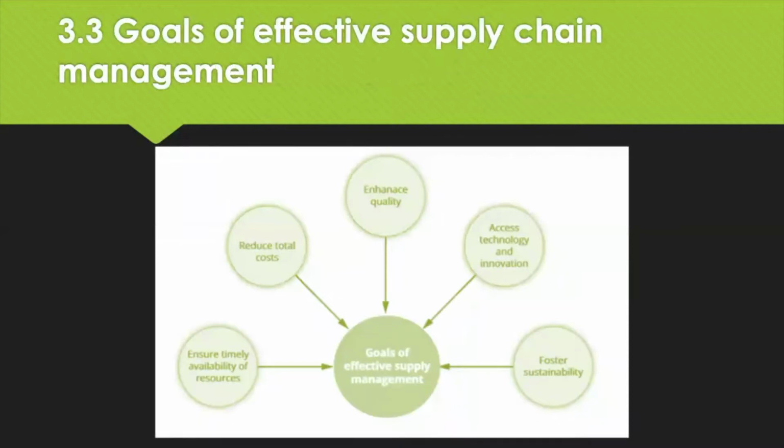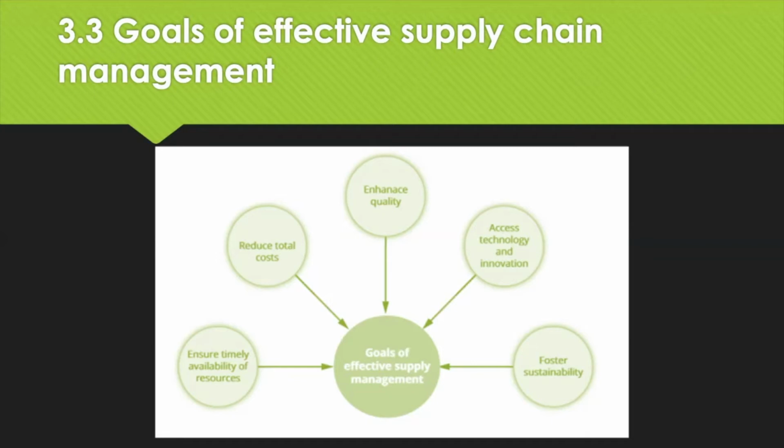Now, traditionally, a flow of materials can be considered only at an operational level, but this approach is no longer adequate. It's now essential for businesses to manage the supply chain in order to improve customer service and achieve a balance between cost and service, thereby giving a company a competitive advantage.